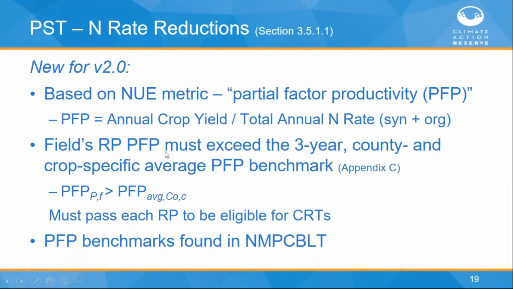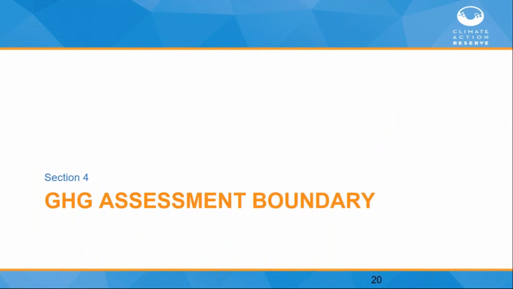So therefore, we've developed a nitrogen use efficiency metric based on the partial factor productivity, or PFP, which is the simplest nitrogen use efficiency metric that we're aware of, and this is simply the annual crop yield divided by the total annual N rate.